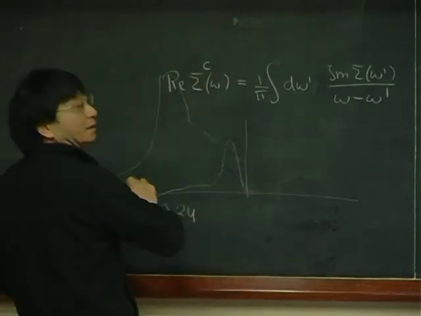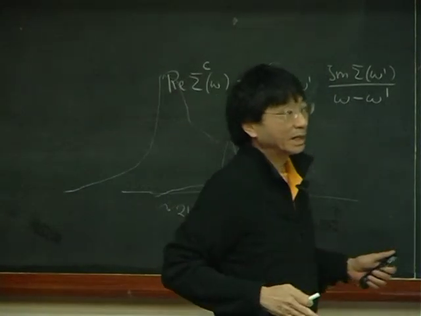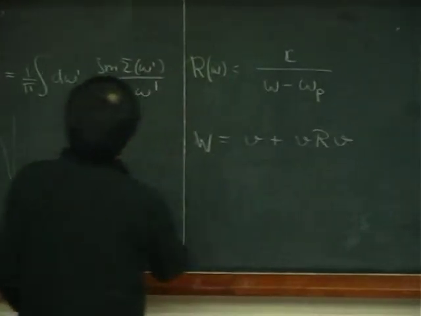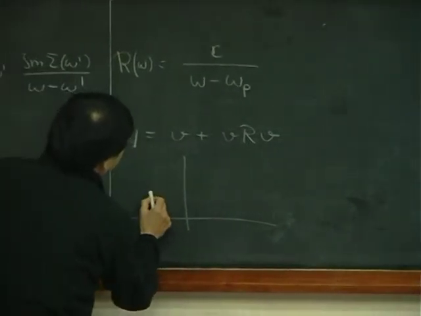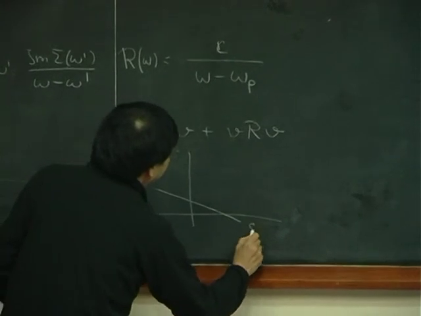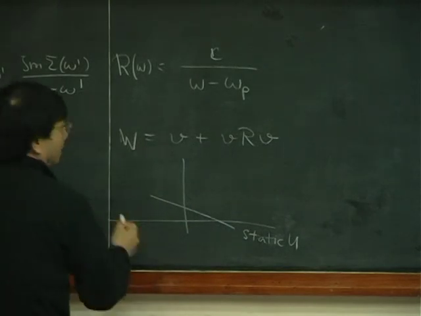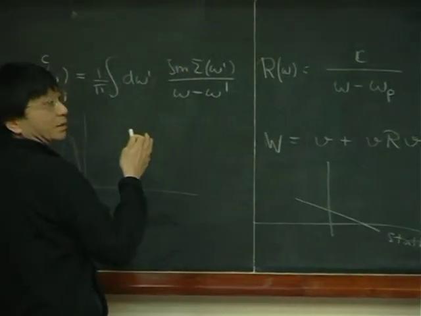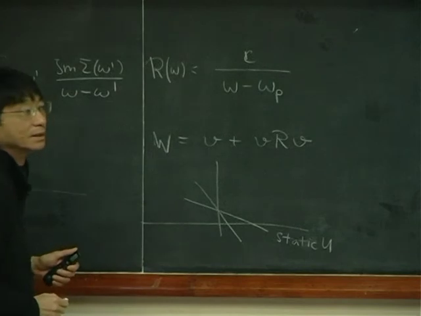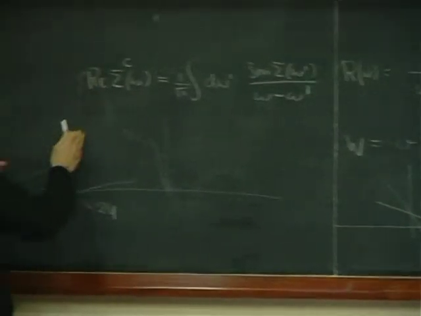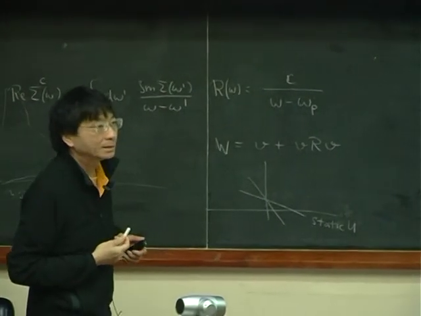So this part of the spectra gives an additional renormalization effect. If you look at the real part of the self-energy around the Fermi level, you get a curve like this when you have a static U. But if you include the dynamic U, there's a much steeper curve coming from the fact that you have much more weight in the imaginary part of the self-energy. That's the origin of that.